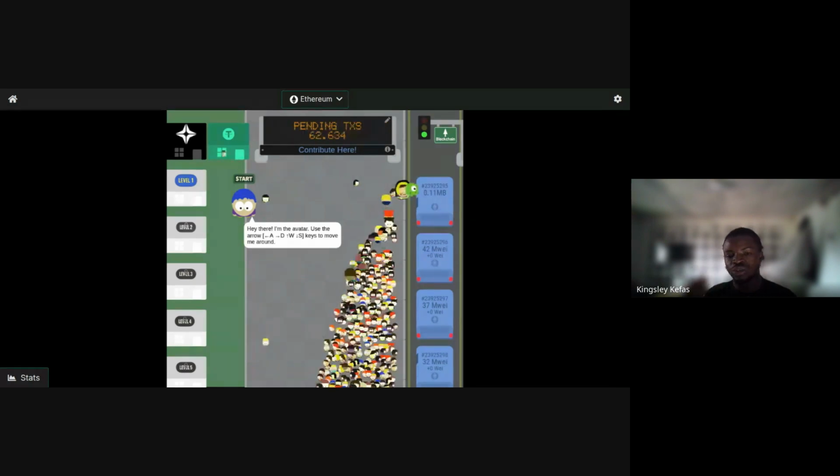So let's say the number of transactions that this particular blockchain allows per block is, for instance, 10. The moment there are 10 transactions in that block, the block automatically gets added.